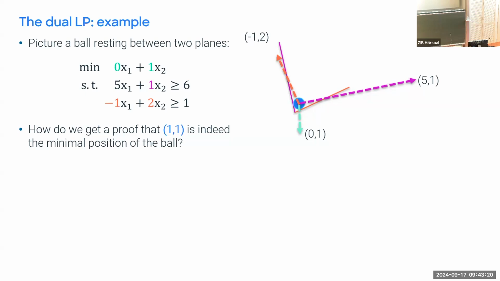So our task is a bit like in the Farkas proof: to find a conic combination of these two forces to act exactly against the objective function, because otherwise the ball would not be static, right? Can somebody see the multipliers that I need? With what do I need to scale the violet vector and the orange vector to get the green vector? Somebody?